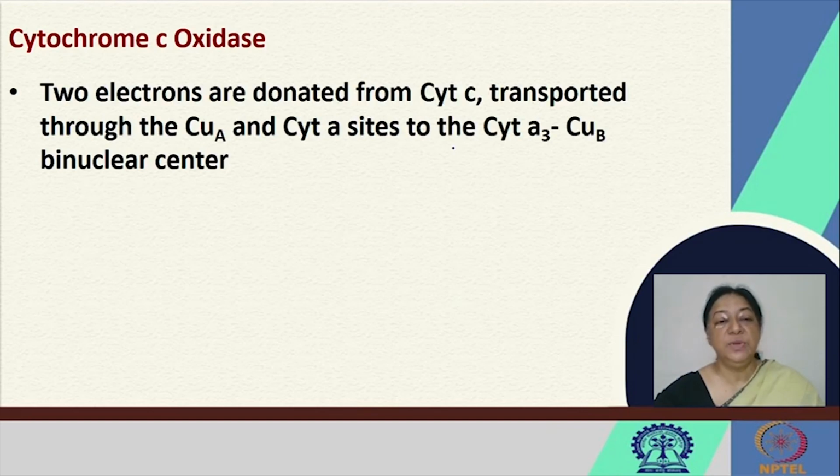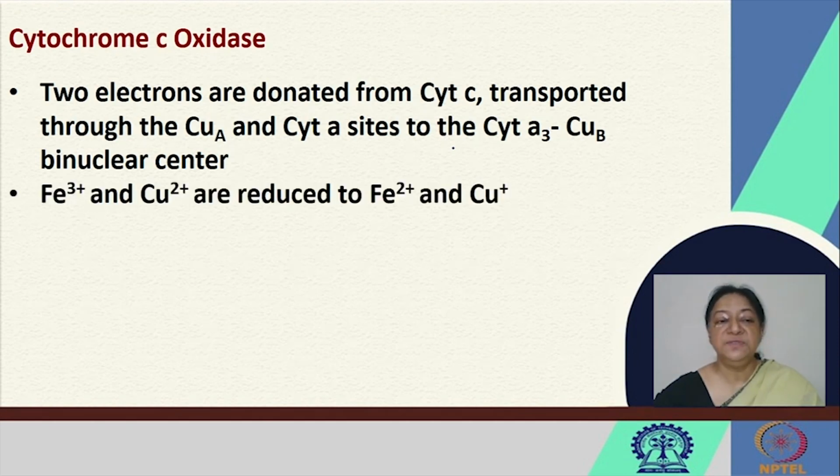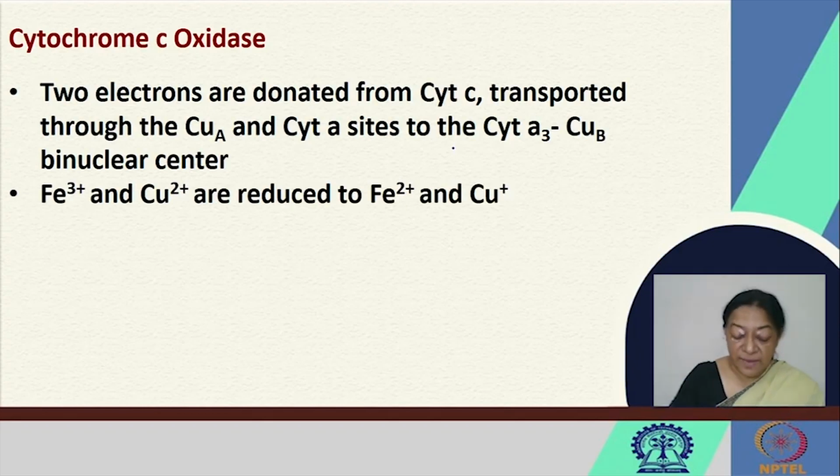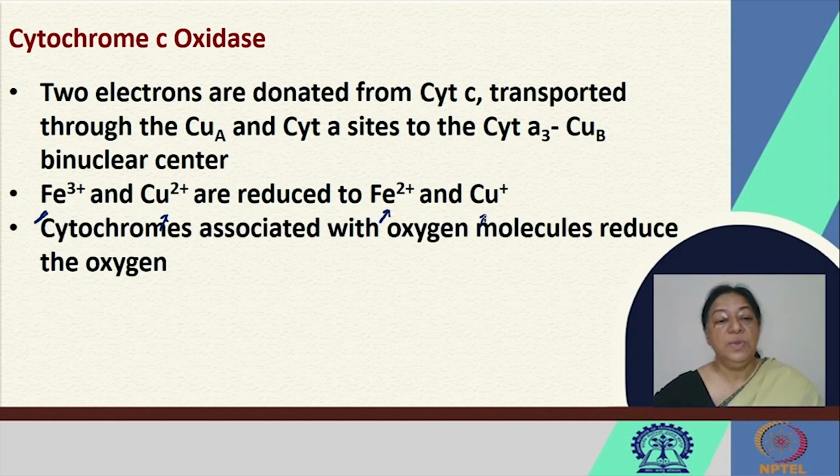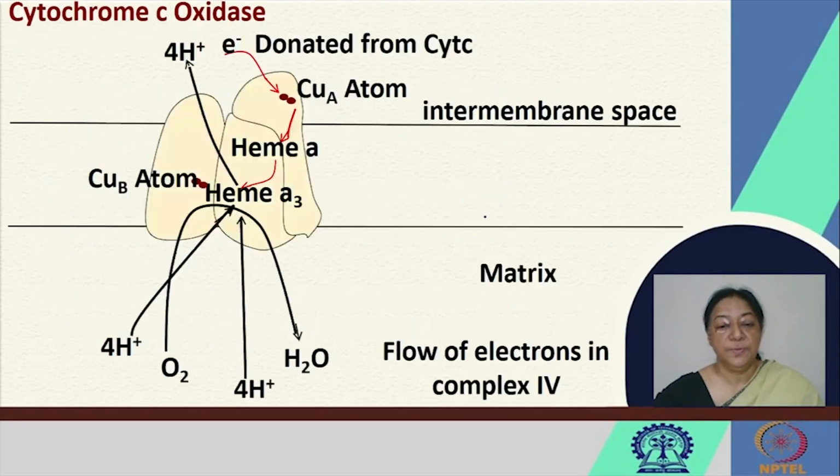Following this, we have 2 electrons that are donated, transported through the copper A and the cytochrome A sites to a specific center where we have the reduction of Fe3+ to Fe2+ and Cu2+ to Cu+ in a unique mechanism, where we have, therefore, the cytochromes associated with oxygen molecules being reduced to water.